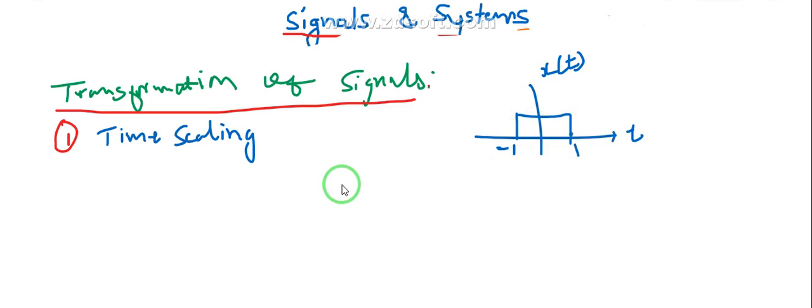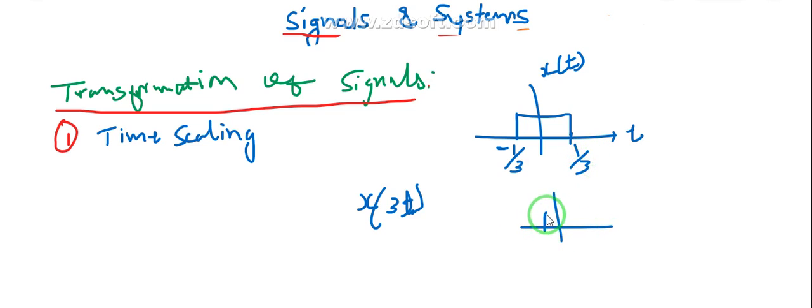If you represent this signal x of t as x of 3t, 3t means you are dividing the time axis by 3, making the signal small, so the width becomes small: minus 1 by 3 and plus 1 by 3.